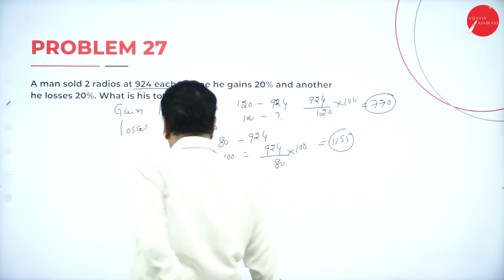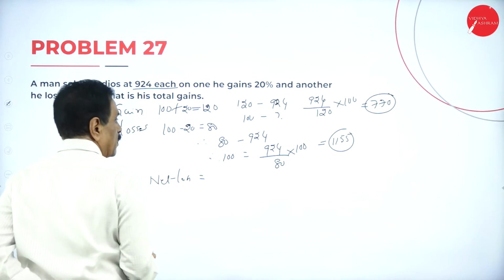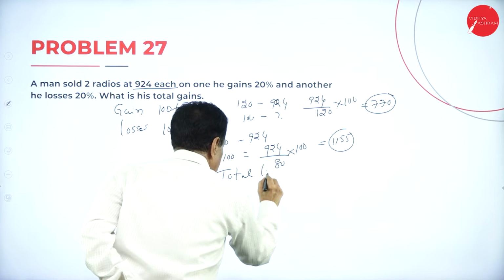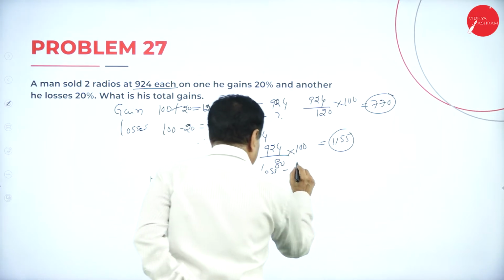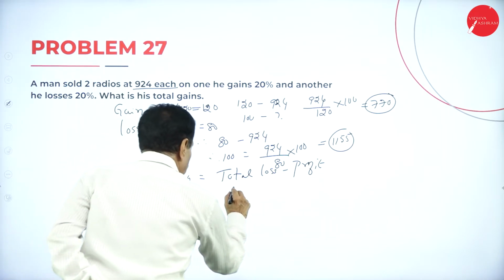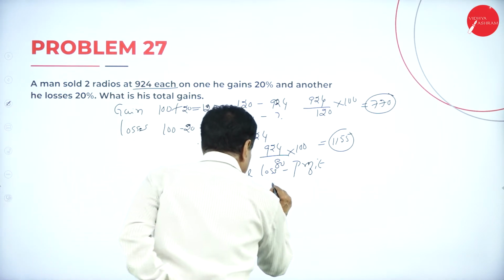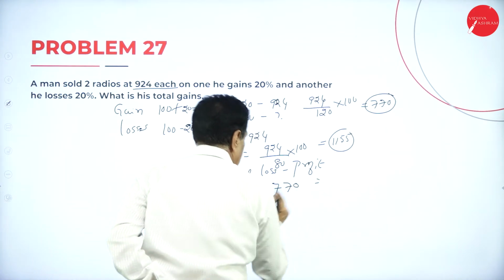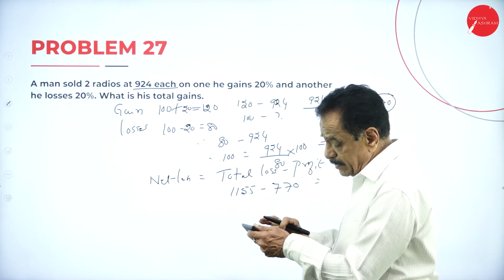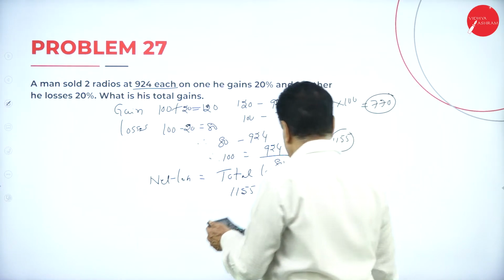Therefore, net loss is total loss minus profit. 1155 is the total loss, minus your profit of 770. 1155 minus 770 is equal to 385.